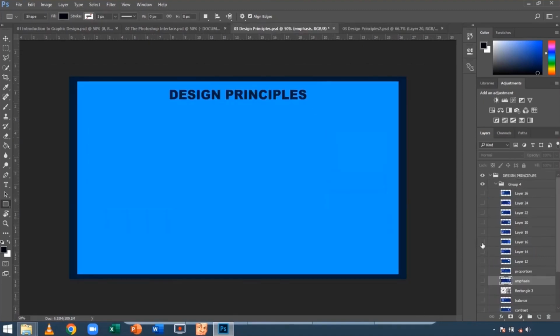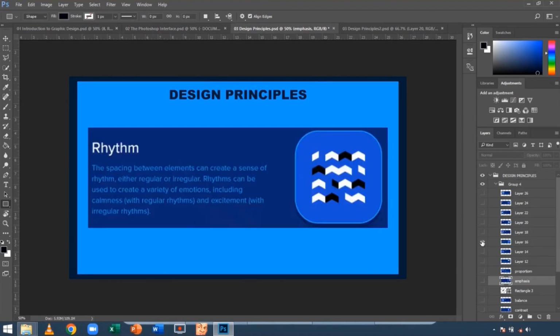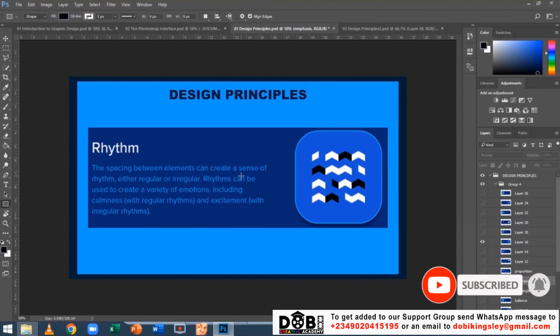So the next principle is rhythm. Rhythm basically is just the spacing between elements that can be used to create a sense of movement. It could be regular, it could be irregular. Rhythms can be used to create a variety of emotions, including calmness, which is with regular rhythms, and excitement with irregular rhythms.